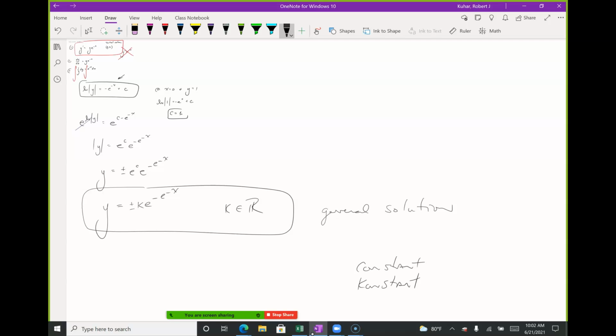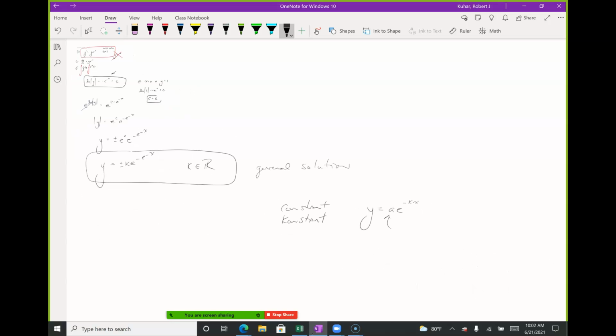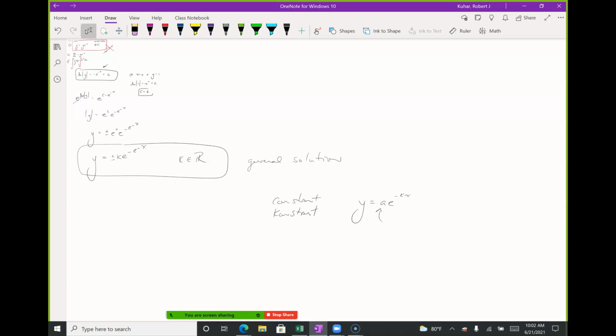Sometimes an a here. We're used to seeing this particular curve as y equals a e to the negative kx kind of thing. So a is that initial value. So from pre-calc, like when we did half-life and exponential decay and all of that stuff.